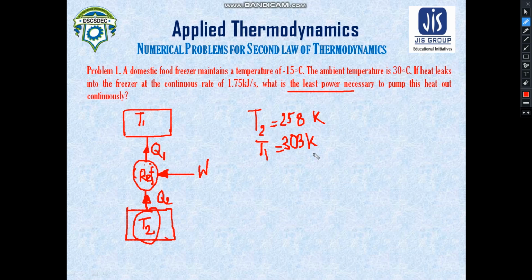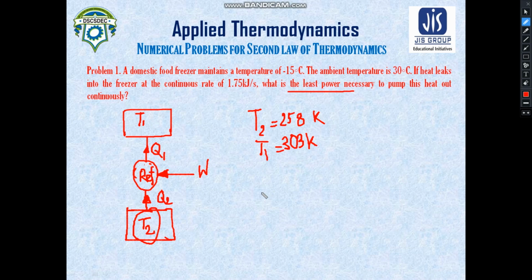So what happens? Heat leaks from the ambient to the freezer. So this freezer needs to pump this heat out. The refrigerator needs to maintain a certain temperature, and from the environment or the ambient, heat is coming in. So the refrigerator needs to pump this specific rate of heat continuously to the outside.